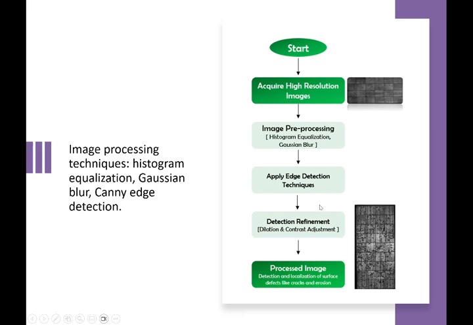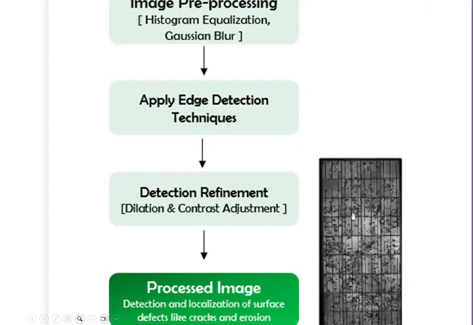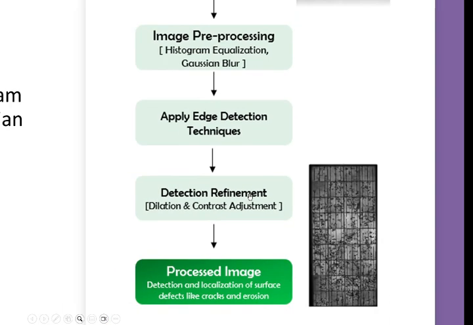Why do we apply these techniques? We then apply contrast and refinement in order to detect the cracks. You can easily find these: the dark black things are the cracks, and these white things are the corrosion that has been acquired by this solar panel.